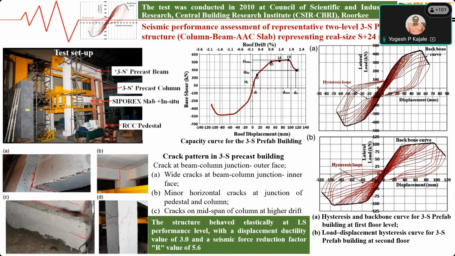Then 3 cycles completed one set, and the displacement was increased from 1 millimeter up to the capacity of the actuator. Whatever the load resistance for a given displacement, that was recorded, the mapping of cracking was carried out, and the ductility level and drift level were assessed.